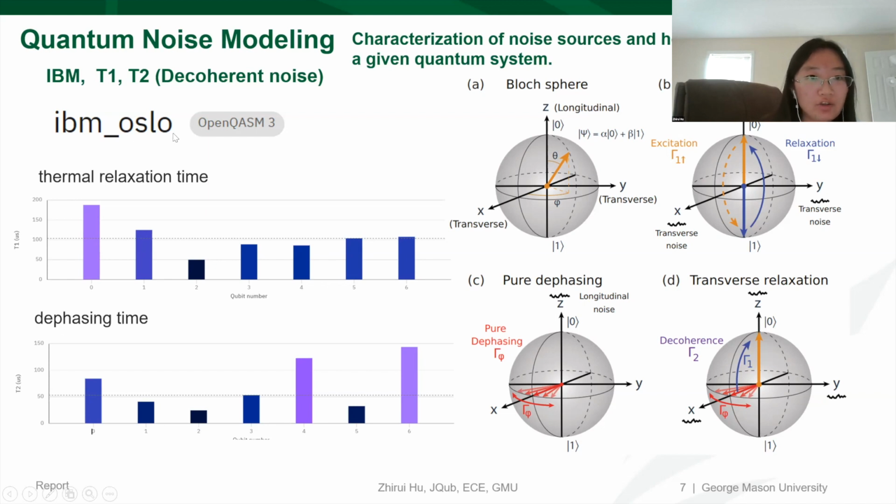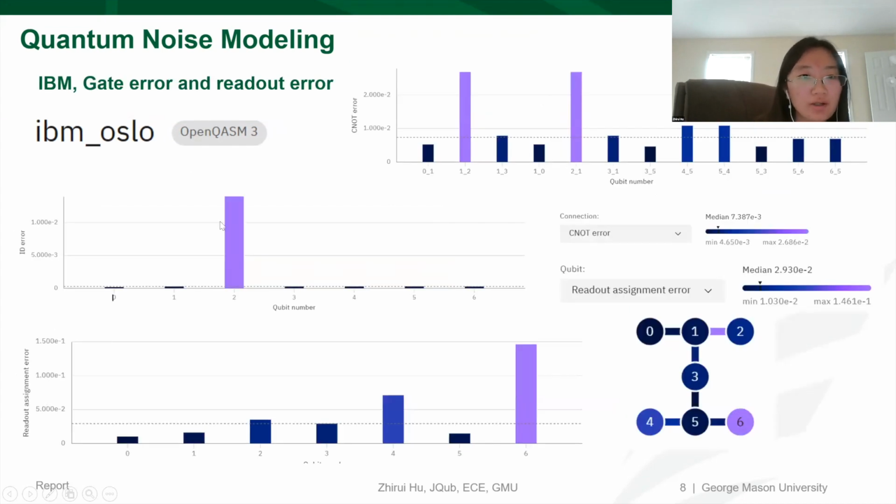I showed this slide to say that we can use some parameters to describe the process. Here is another noise modeling method: gate error and readout error.